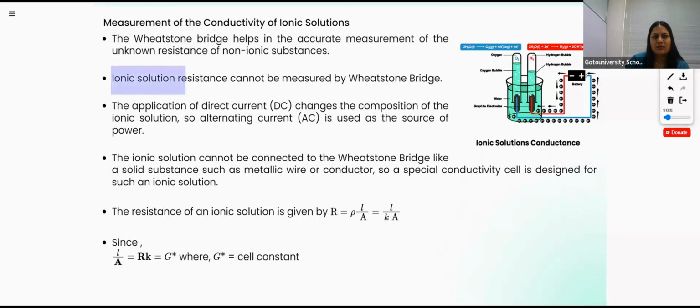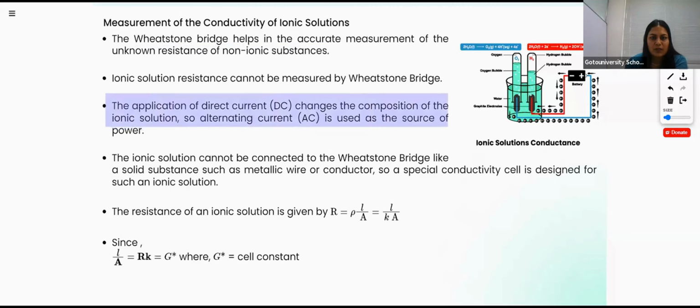So as I've discussed, in the Wheatstone bridge we were doing the calculation to measure an unknown resistance, which was due to non-ionic substances.